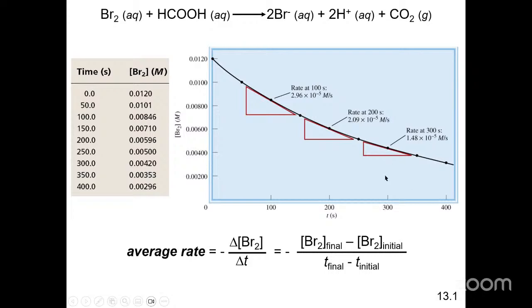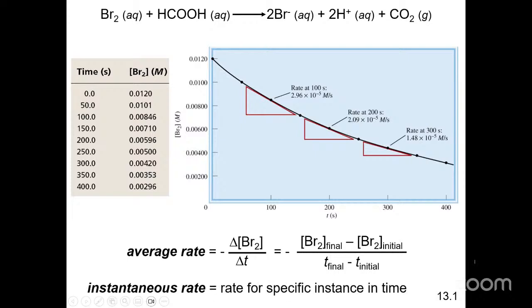So that's basically how you determine the instantaneous rate as opposed to the average rate. So just to briefly recap, the average rate is the rate measured over a particular time interval. It's the final concentration of the reactant minus the initial, divided by the final time minus the initial time.